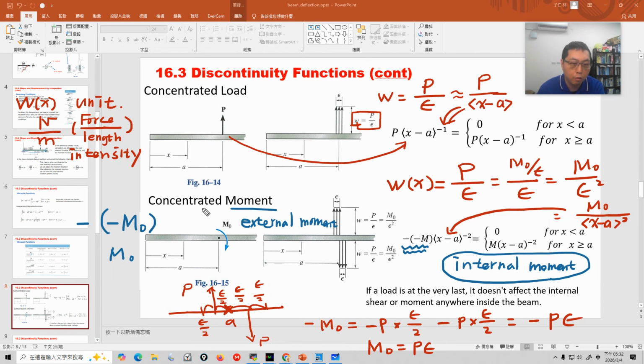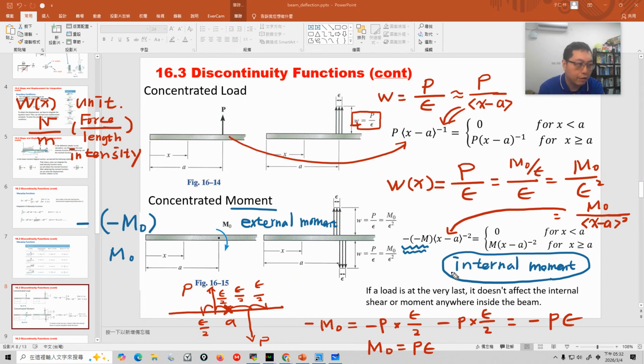For the concentrated moment, the power for the discontinuity function is -2. And don't forget we are talking about the internal moment, so you need a minus sign in front of the external moment to get the right internal moment.